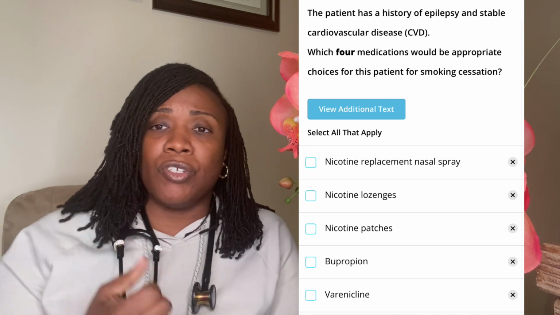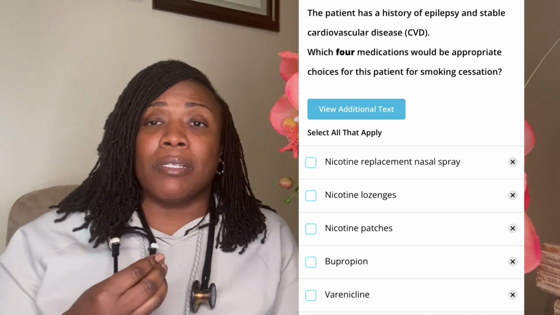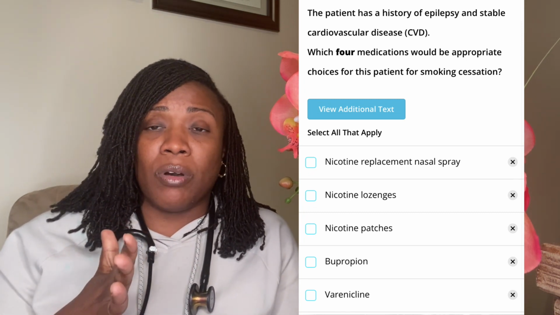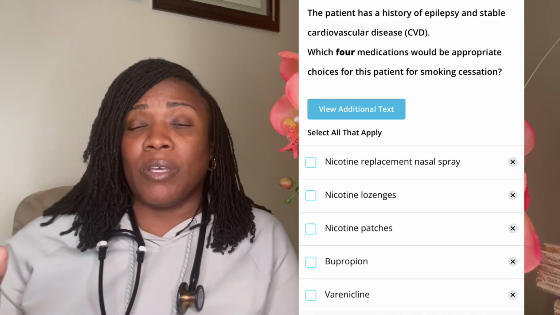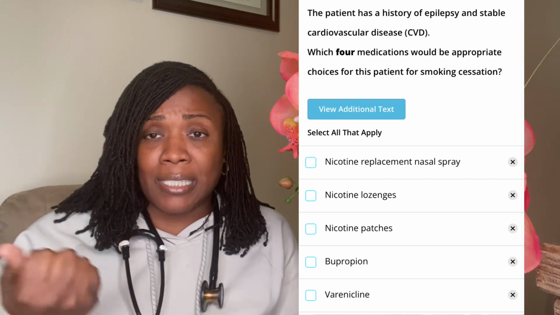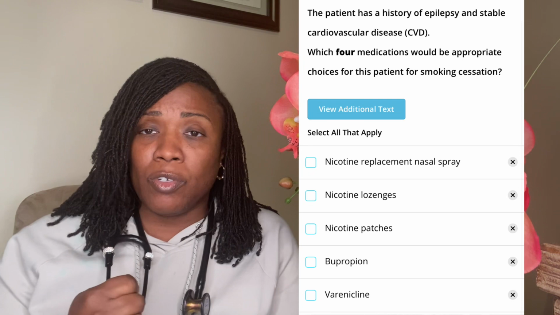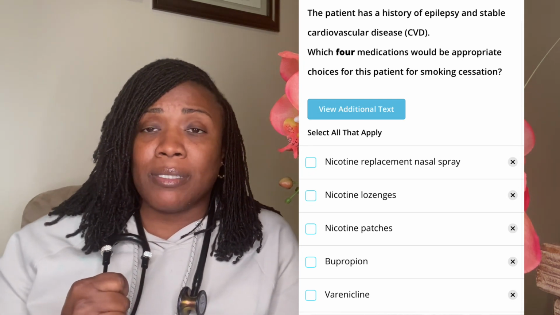What is Wellbutrin used for? If you see smoking cessation, please remember that, because the issue with being a provider is, though a lot of medications have first-line therapy, we do treat patients with medications that have off-brand success at treatment for other diseases. The same way we would use Wellbutrin for depression, we can also use Wellbutrin for smoking cessation.